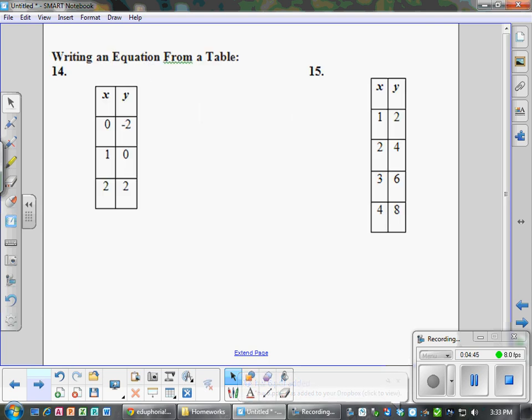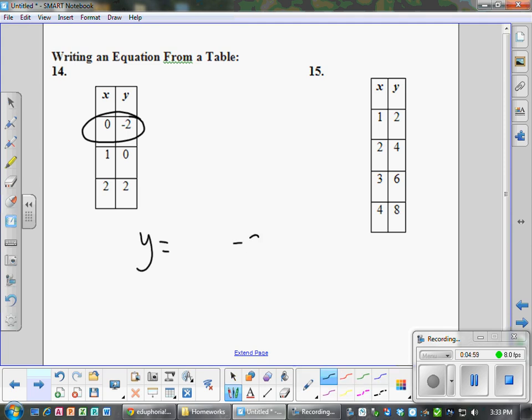Here they say write the equation from a table. Number 14 is fairly easy because it does give us our y-intercept, and then we're able to go ahead and calculate our slope. The difference from here to here is a positive 2. The difference from here to here is a positive 1.